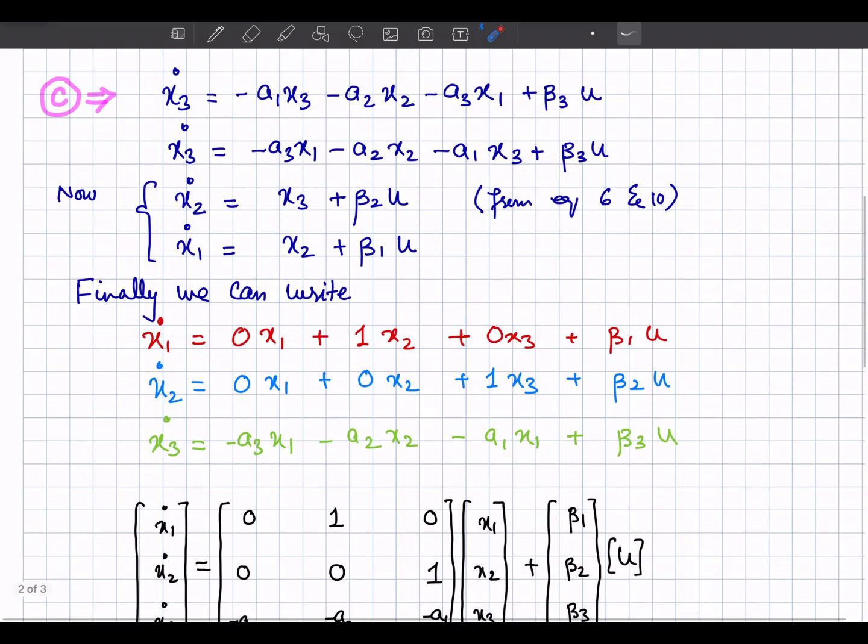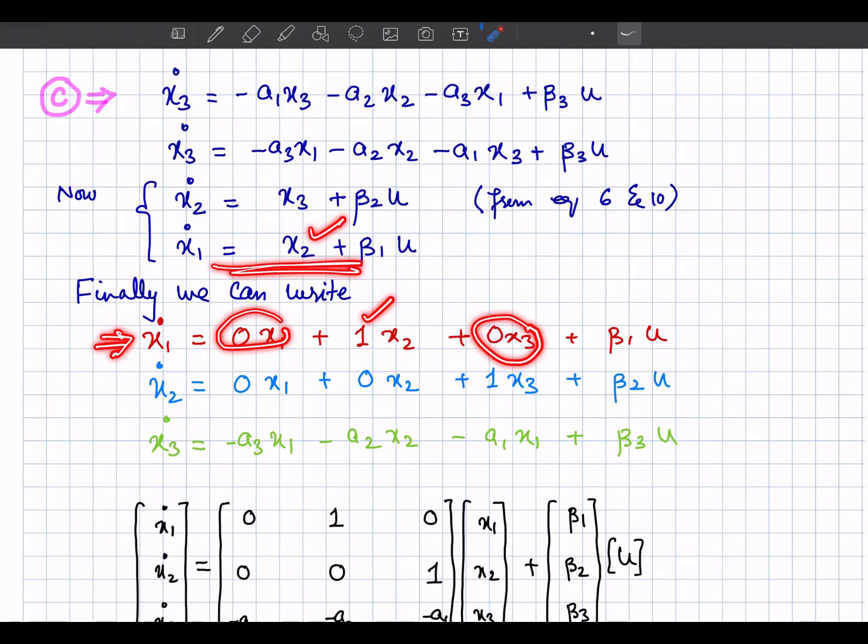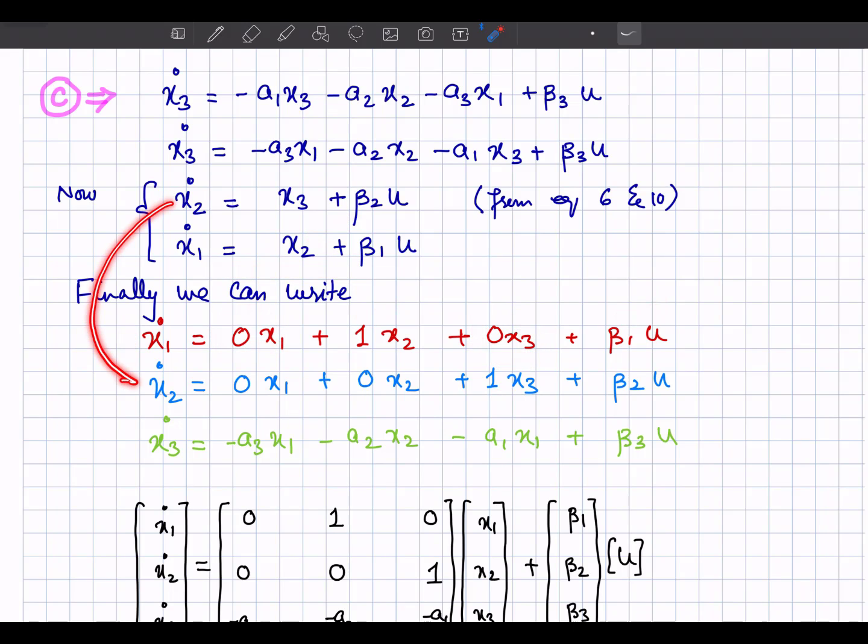Now these three equations, x1 dot, x2 dot and x3 dot, can be written like this. x1 dot is only a function of x2, so 0 with x1 and 0 with x3, but with x2 the coefficient is 1, and with the input we have beta 1. Similarly, from this equation you can write down x2 dot, and x3 dot rearranged can be written like this.